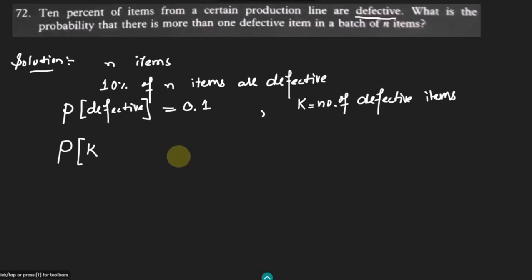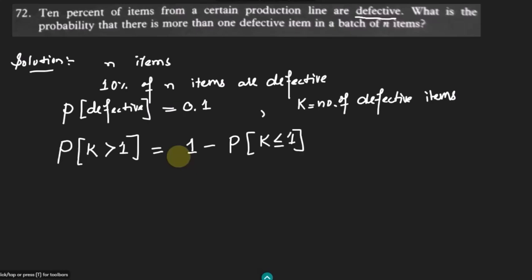We have to find the probability that k is greater than 1, which can also be found using 1 minus the probability that the number of defective items is less than or equal to 1.